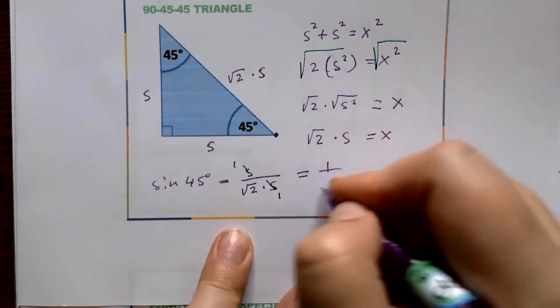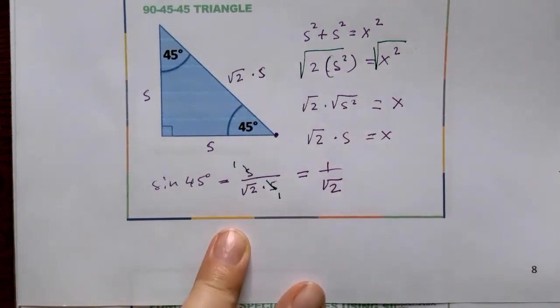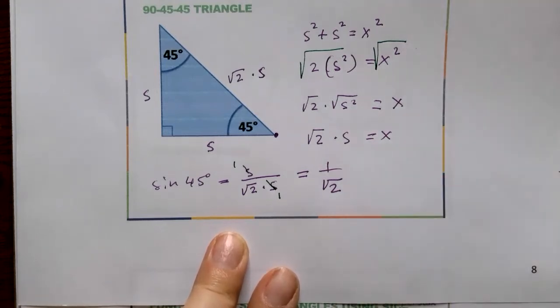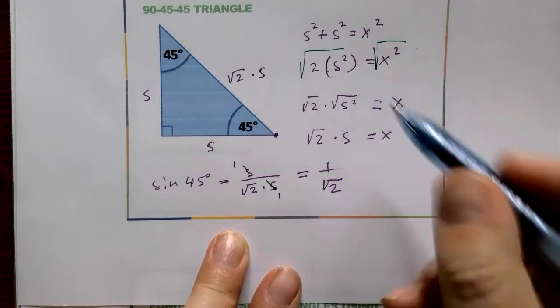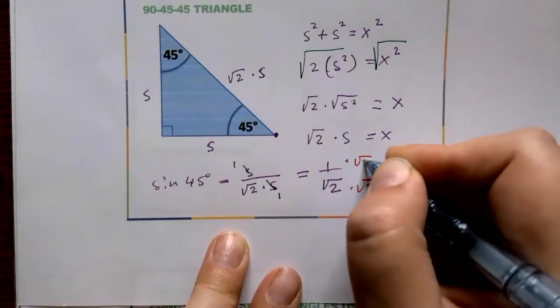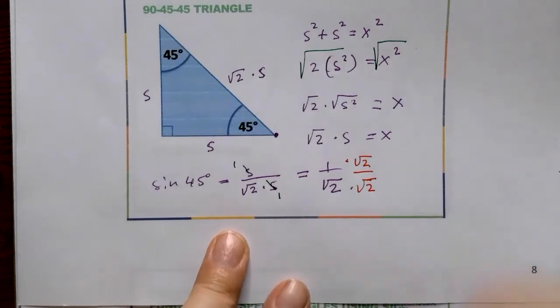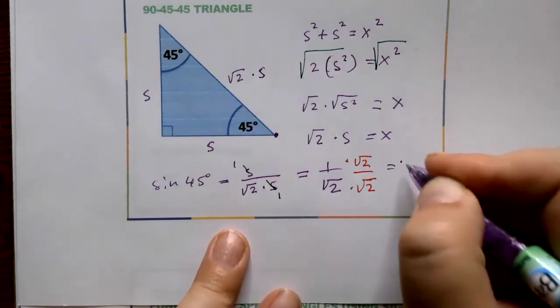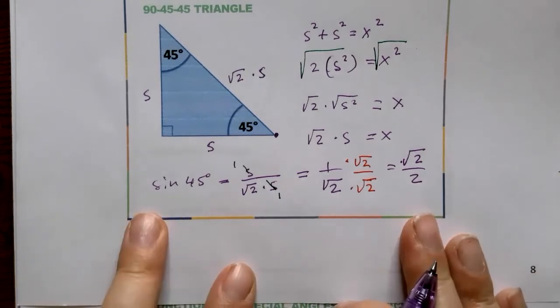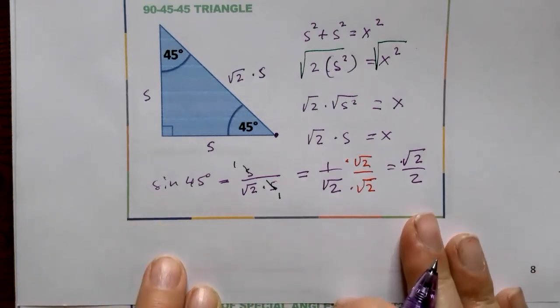So that's 1 over the root of 2. But remember that in math, we don't like square roots on the bottom, so we need to rationalize it. We rationalize the denominator by multiplying by the square root of 2, and we have to do the same thing to the numerator. So we end up with square root of 2 over 2. That's the sine of 45 degrees.